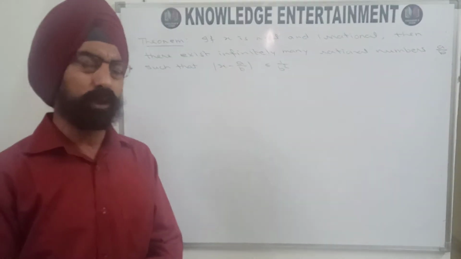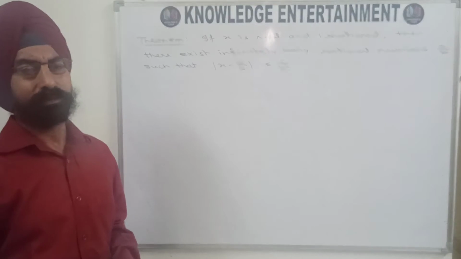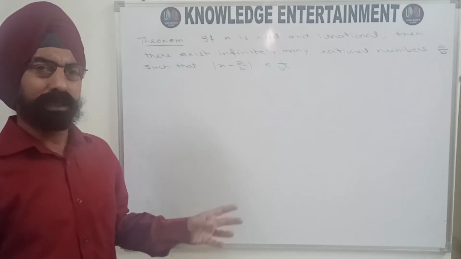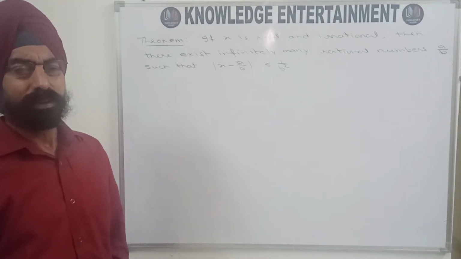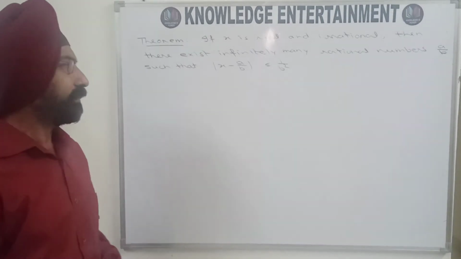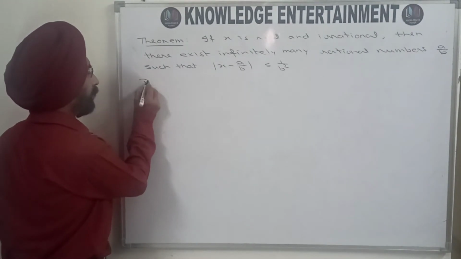This result we require to prove, and we will use a theorem that was used in the previous video, and then we will continue from there. So let us move on to the proof.